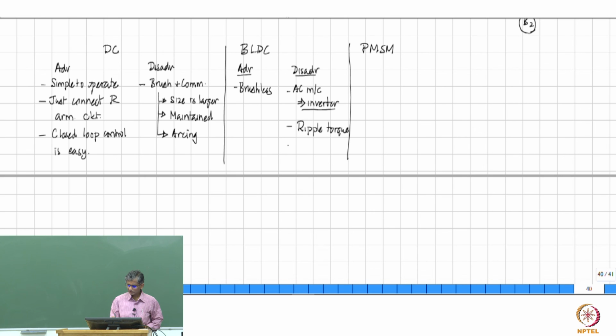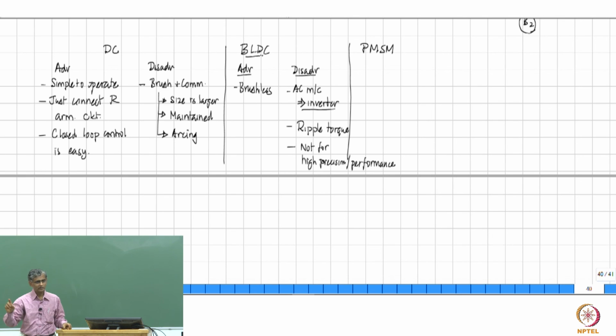So, these are generally not used for high precision stroke performance applications. And this motor also requires to be specially designed if you really want a nice trapezoidal induced EMF, right? One has to take care to design this appropriately.